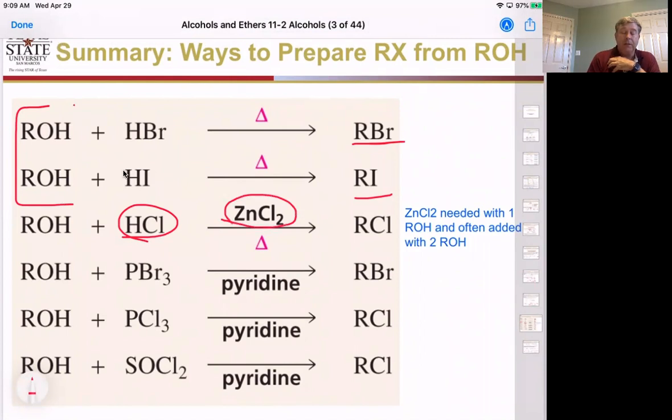If we want to convert it to a bromide, instead of using HBr, we can actually convert primaries and secondaries to the alkyl bromides and the chlorides using the phosphorus derivatives here. And we can make primary and secondary alkyl chlorides using thionyl chloride and its primary or secondary alcohol.